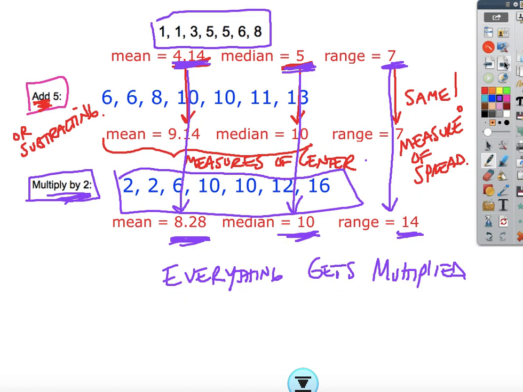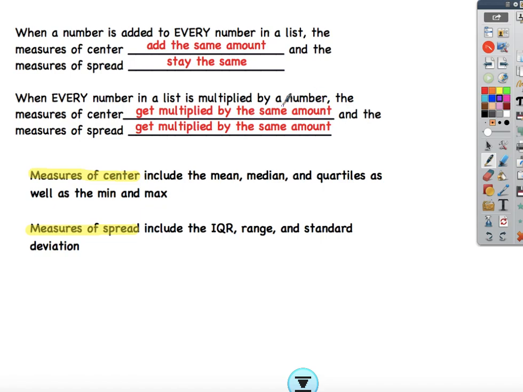Okay, so even the measures of spread and the measures of center all get multiplied. So here's a little summary, okay? If you are adding or subtracting every number in a list by something, the measures of center will get added or subtracted, but the measures of spread will stay the same.